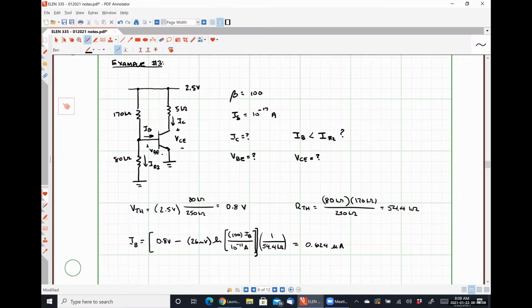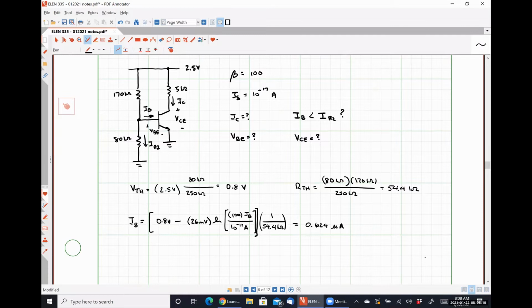So the first thing I'm going to do is check whether or not I would consider IB to be a negligible quantity here. And so I'm going to compare that to my current IR2, which is VCC over R1 plus R2, 2.5 volts divided by 250 kiloohms, equal to 10 microamps, which is approximately 16 times my base current.